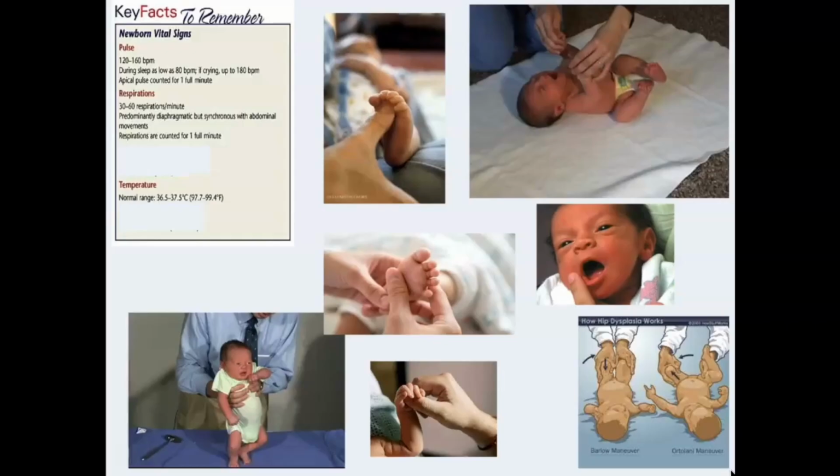If you get further out, their heart rate should lower and adjust to what the baby's doing, whether they're sleeping or calm. So you would want to be concerned if 4 to 6 hours out the baby was still very tachycardic, and you'd want to let the physician know about that.